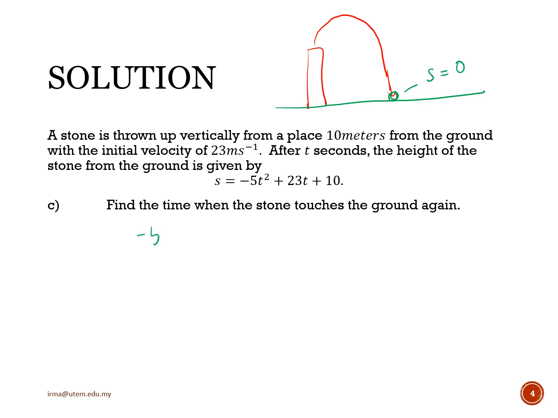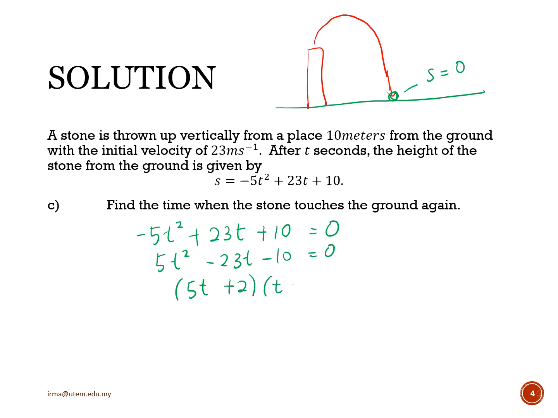So you have negative 5t squared plus 23t plus 10 equal to 0. Okay, so solve for t. You can use your calculator, or we factorize it, and you will have this one: 5t plus 2 and t minus 5 equal to 0.